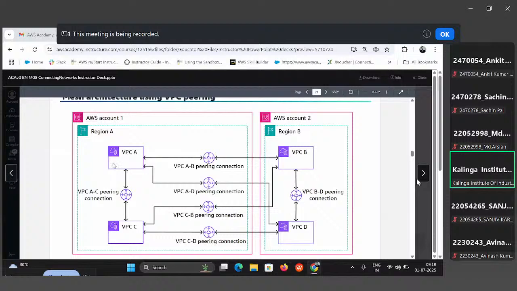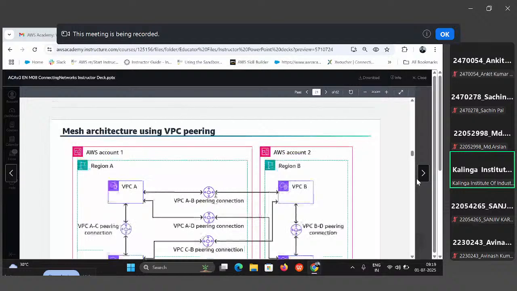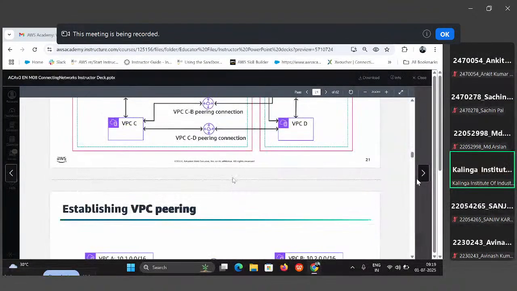Here in this case, we have account 1 and 2, and you'll find that VPC A is connected to VPC B with peering connections. Then A is also connected to D, and to B and C as well. Similarly, B is also connected to C, D, and A, and D is connected to B, A, C, right? So this is the type of architecture, guys. This is called a mesh architecture, right?